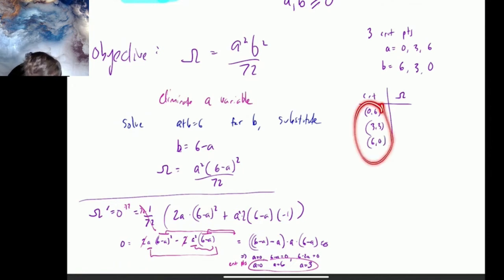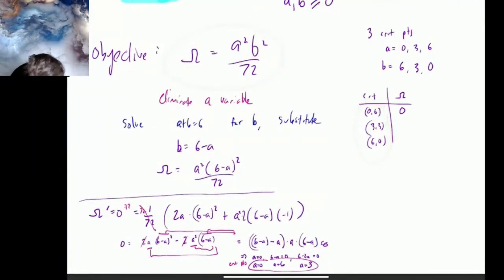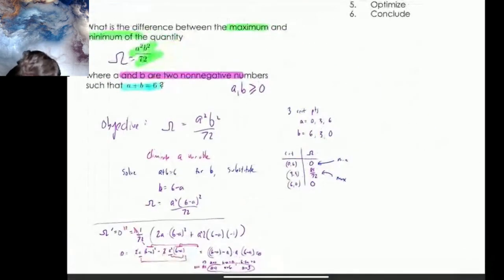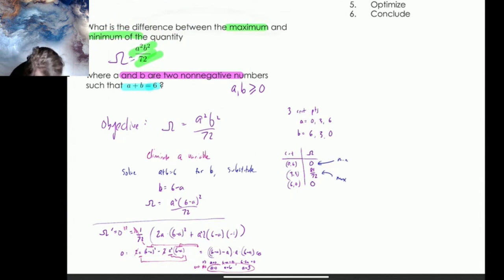I'm going to take those points and feed them through my objective function. I'll have 0 and 0 on the outside, and on the inside, I'll have 9 times 9 over 72, which is 81 over 72. So my minimum value is 0, and my maximum value is 81 over 72. Why do I care? I want the difference between the maximum and minimum value of the quantity, which is guaranteed to be positive.